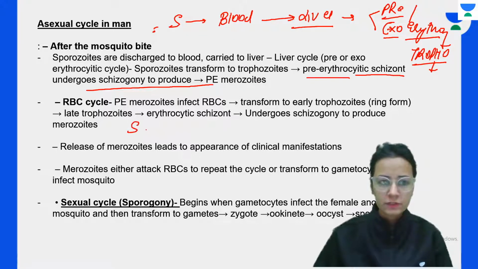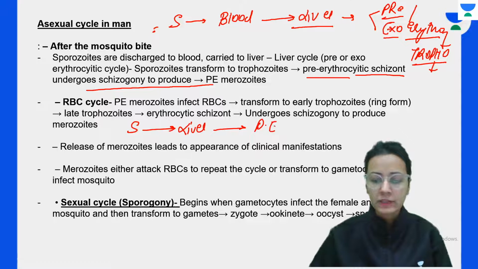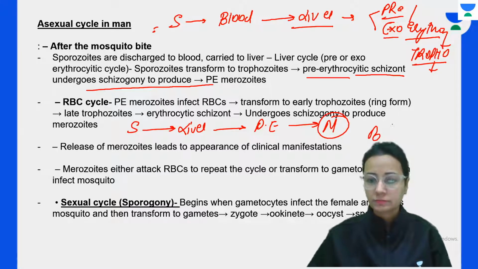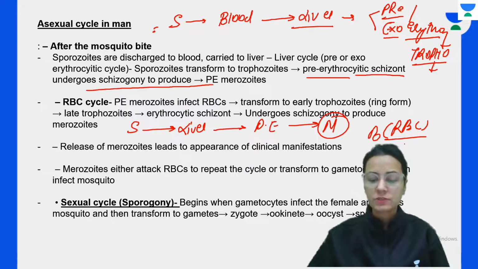Sporozoites go to the liver, where they execute the primary exoerythrocytic schizogony and convert to merozoites. The merozoites in the blood, in the RBC, undergo erythrocytic schizogony.